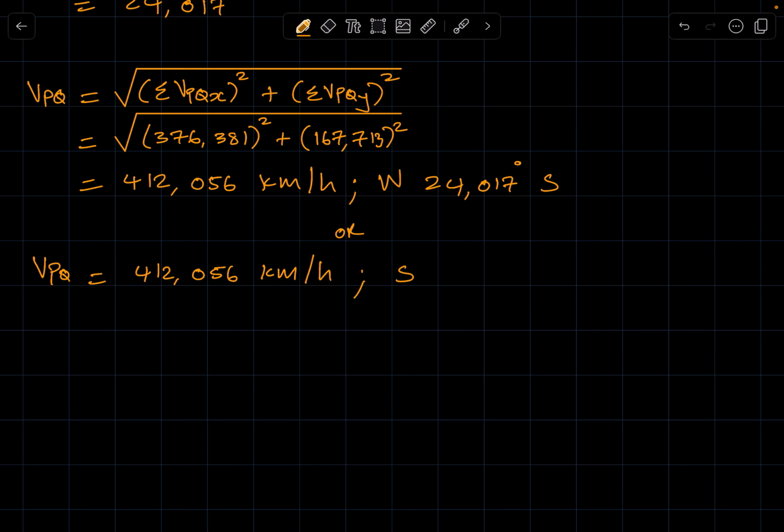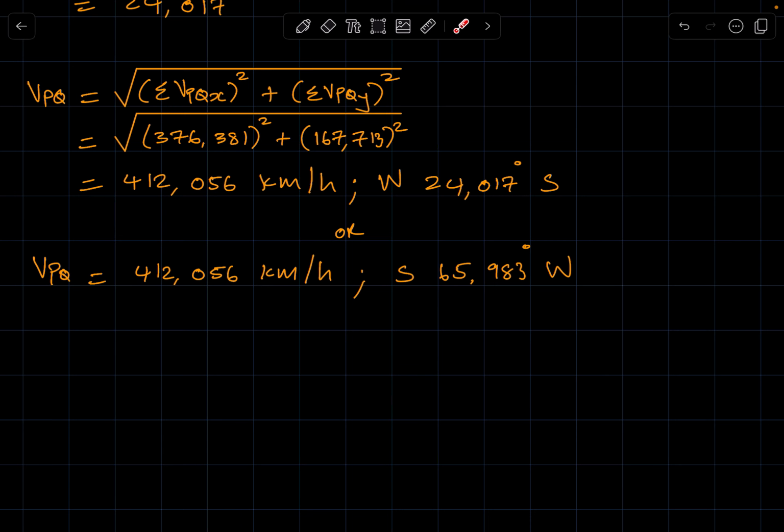Then, to get that angle, you simply say 90 minus the 24,017, and the angle is going to be 65,983 degrees. Headed where? Headed west.